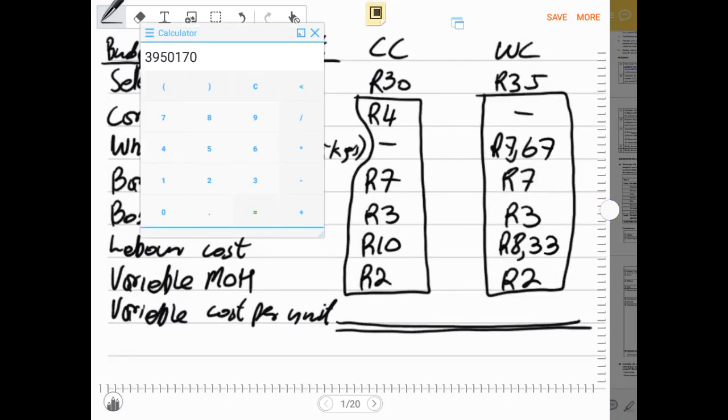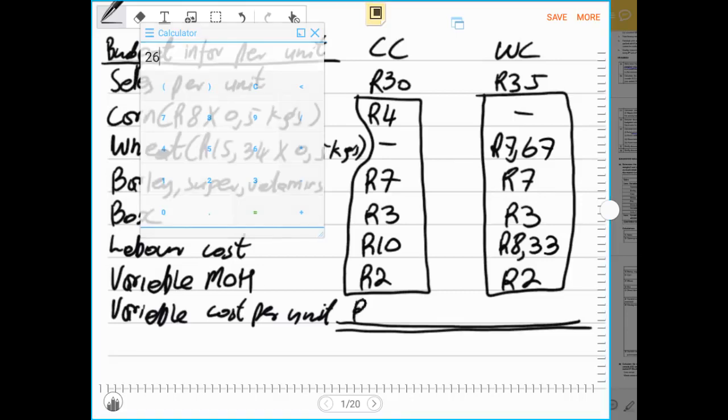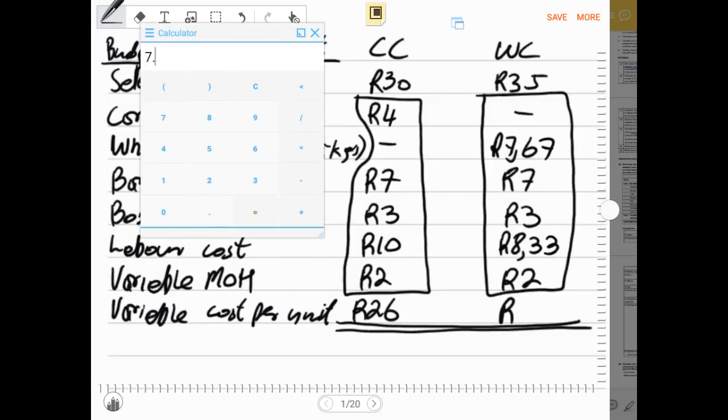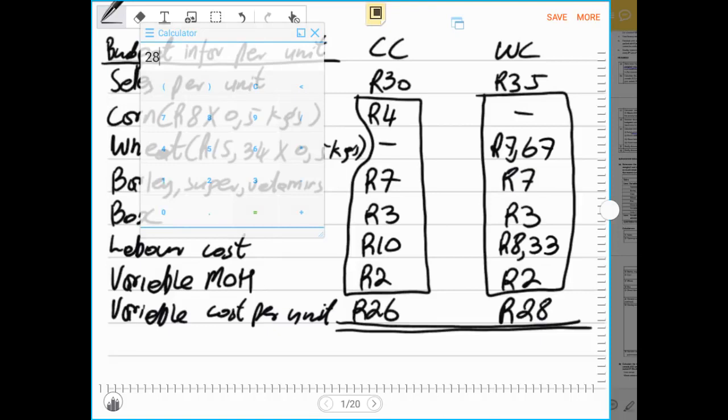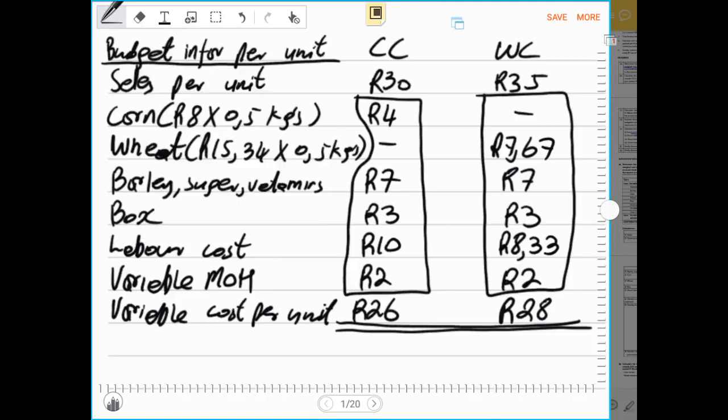So now my manufacturing cost per unit will be a total of 4 rand plus 7 rand plus 3 rand plus 10 rand and plus 2 rand. And this gives me the total of 26 rand. And for the second product it is 7.67 plus 7 rand plus 3 rand plus 8.33 plus 2 rand, and this gives me exactly 28 rand. This is my cost of production per unit.